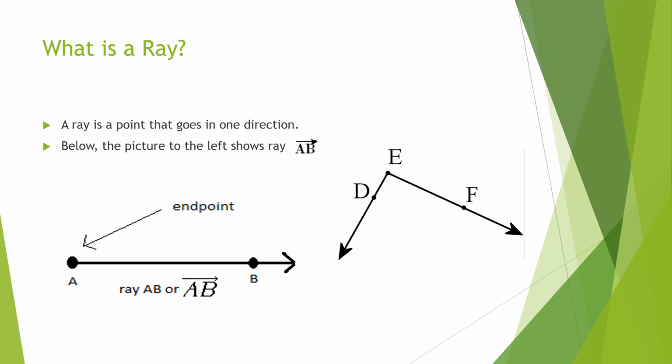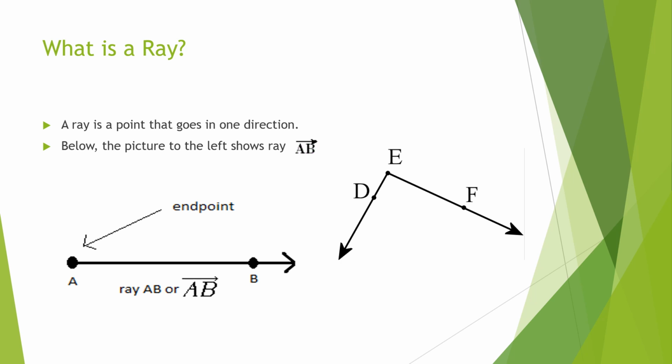And on the right side, this is an example of an angle. For example, if we just ignore the D, it'll be ray EF. But since there are two rays, they make an angle. Since we have two rays, it is an angle.